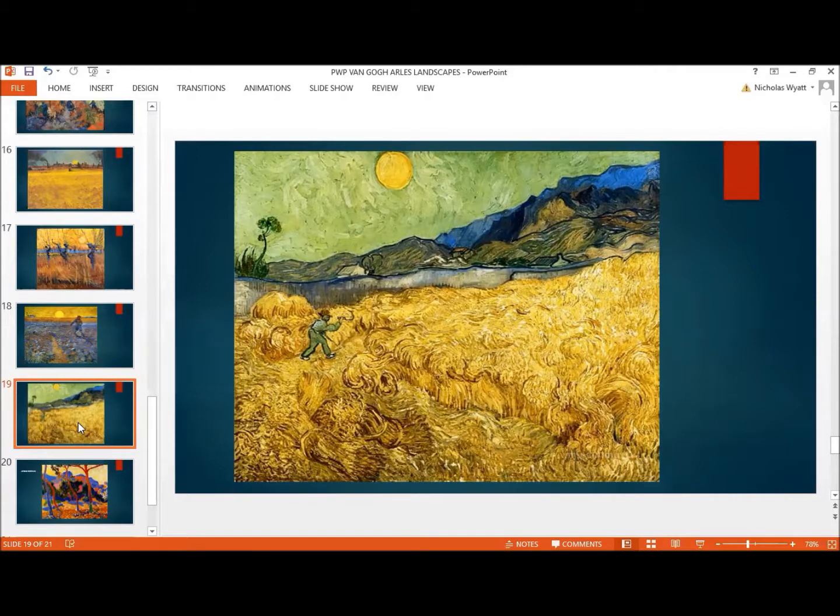And this is one of the real masterpieces of that period. It's called The Reaper, and again, it's another landscape painting which has great symbolism. Van Gogh, in a letter, actually describes this painting, where he describes the reaper as basically being a symbol of death, and the wheat field as being humanity.